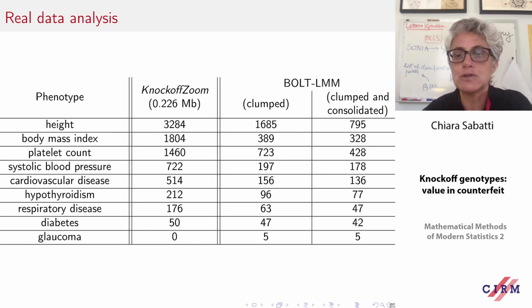I want to show you, just before finishing, some of the results on real data. So again, we are in the UK Biobank, but at this level, instead of simulating phenotypes, we analyze true phenotypes.